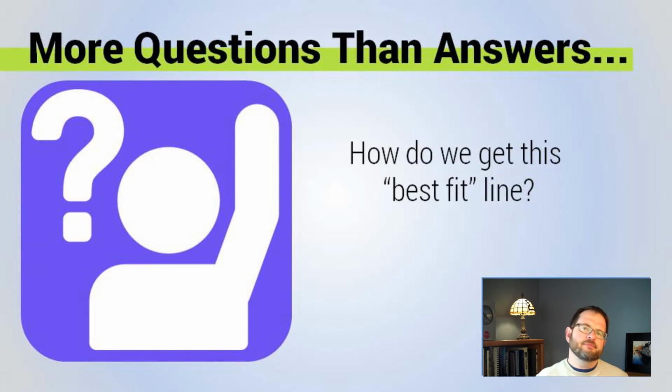Okay, now, this stuff about paired data kind of leaves us with more questions than answers. It's a little bit of an awkward place to break the module of the course because I'd like to be able to tell you more about how we're going to use this, how we're going to compute these regression models, and so on. I haven't yet told you how we're even going to come up with that best fit line. It's not something we just eyeball on a scatter plot. I mean, we could, I suppose, but that's not what we're going to do.